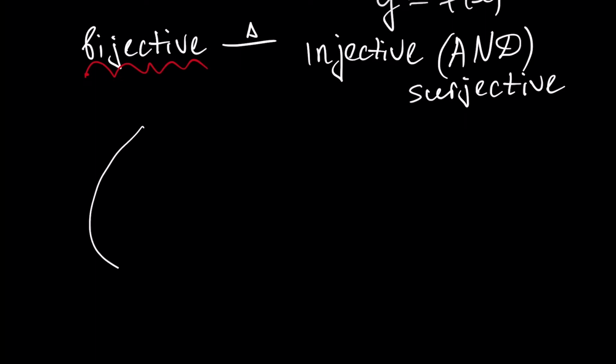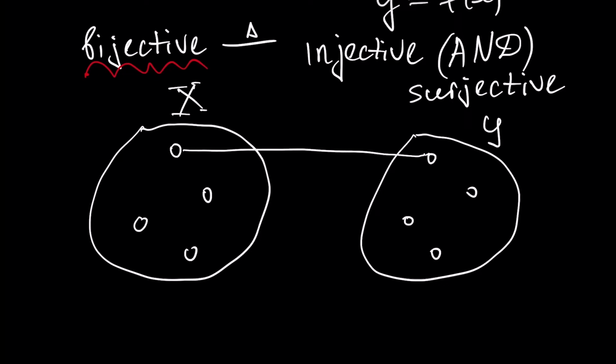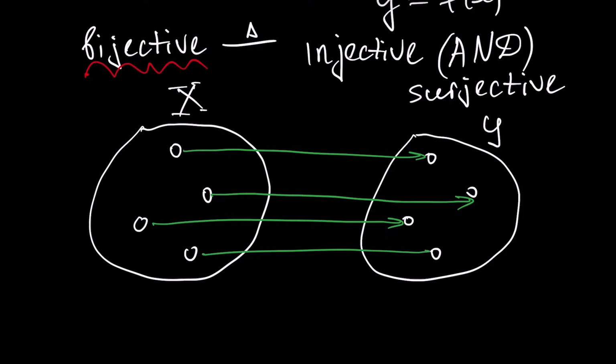For example, if we have some set X and our mapping maps our set X into another set which is big Y. So these elements of set X are mapped into these elements of the set Y. And when we have bijective mapping, in this case, we have one-to-one correspondence between these two sets. Why?